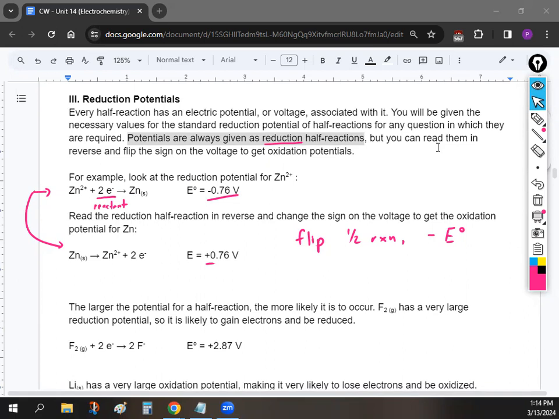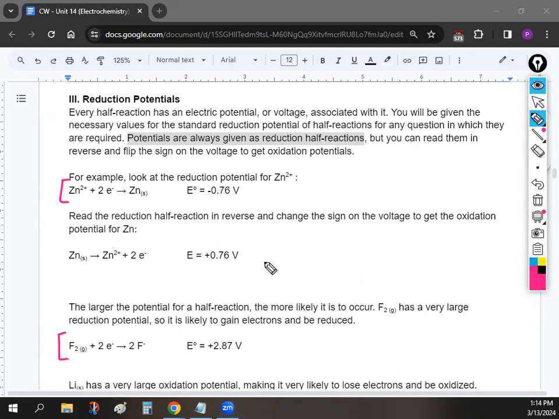Okay, now the reason why we talk about these is because a lot of times for these types of problems, you'll be given two different half reactions. So let me give you an example, and I want you to copy this down on your paper. Let's take the two that we have right here. Let's take this one, and we got this one, okay? You see how they both have a different half reaction or electrical potential, right?